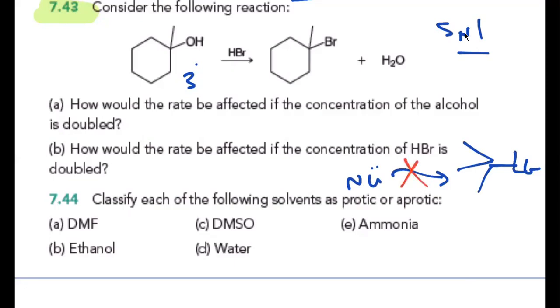It's too much steric hindrance. So if you see a tertiary carbon and the product is a substitution product, you know it's SN1. It cannot be SN2.